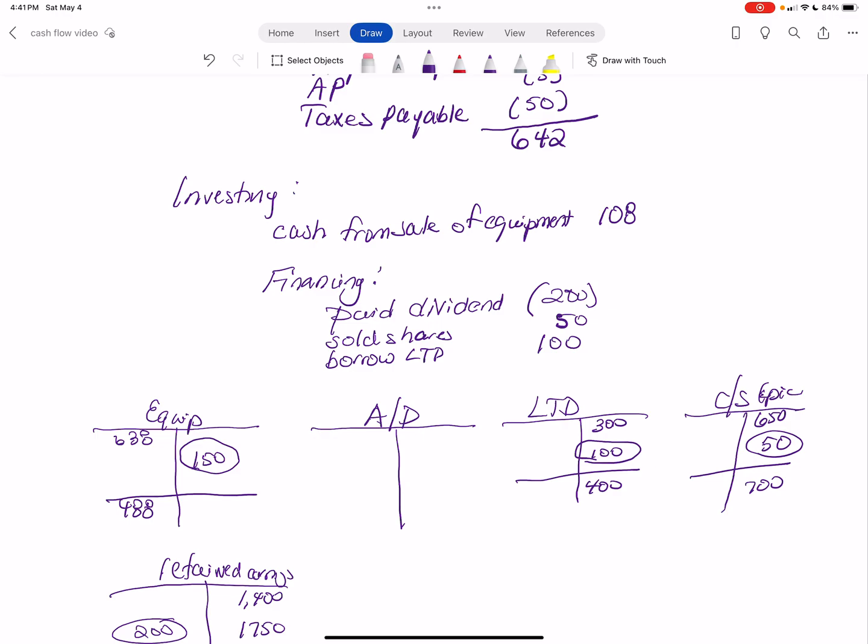Accumulated depreciation started with 250. We know depreciation expense would have increased it by 27, and it ended with 240. So that means that they would have had to remove accumulated depreciation associated with this sale of, let's add it up, 250 plus 27 minus 240. They would have removed 37 in accumulated depreciation.